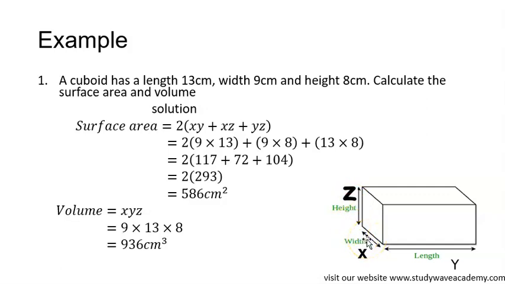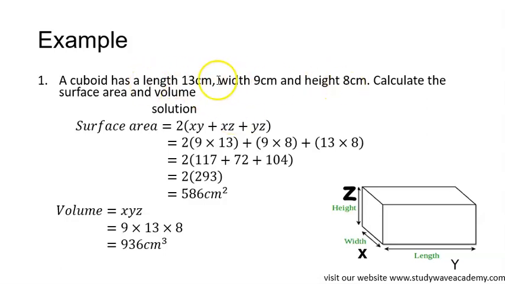We have to calculate the surface area and the volume. Okay, remember the formula for the surface area of a cuboid: 2 bracket xy plus xz plus yz bracket close. What does this represent? Do you remember? The width times the length plus the width times the height plus the length times the height, right?